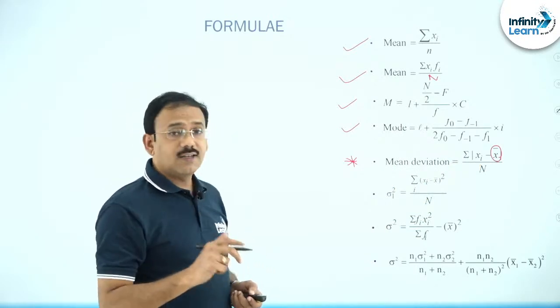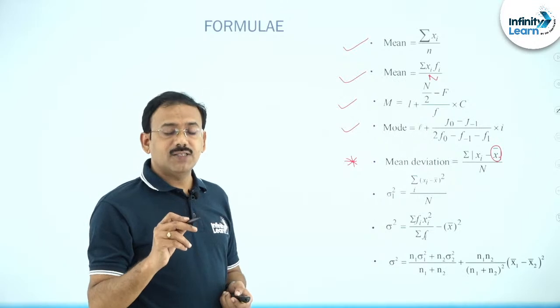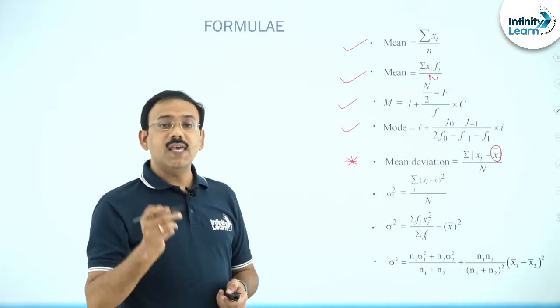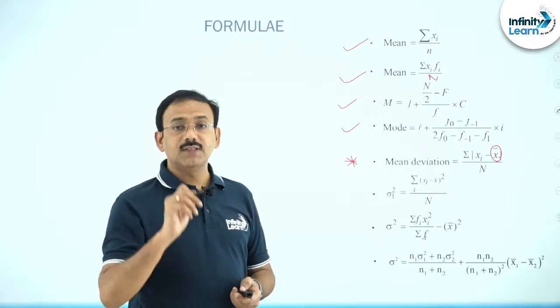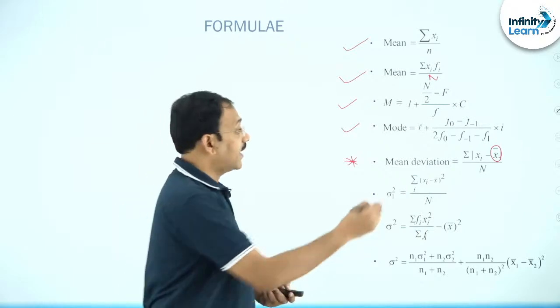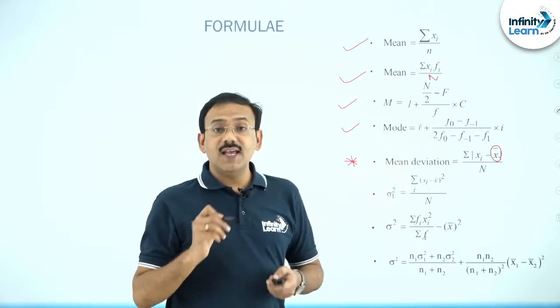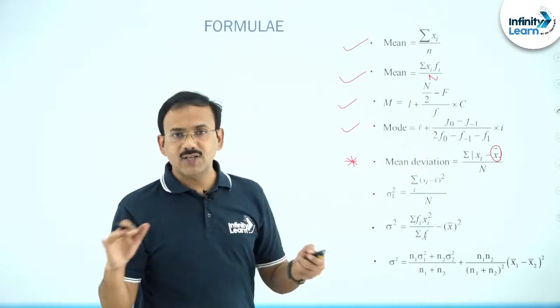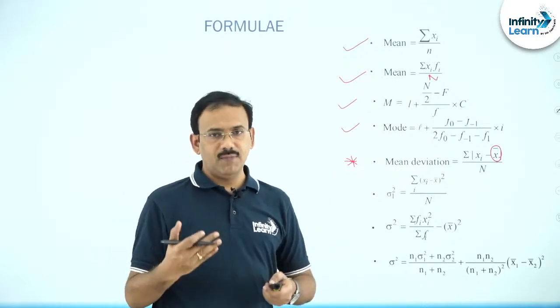Unless mentioned, x bar can be mean or median or mode. He will specify in the problem: the mean deviation taken about median if he says x bar is median, about mode if he says x bar is mode. If he did not mention anything, generally we compute by mean.